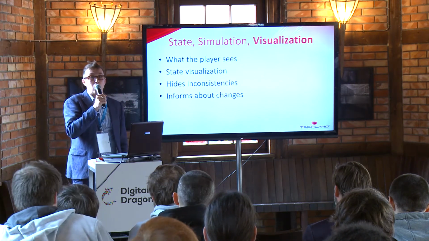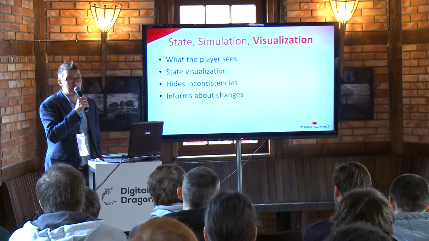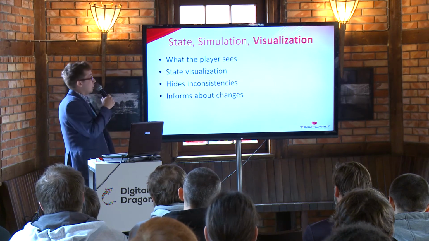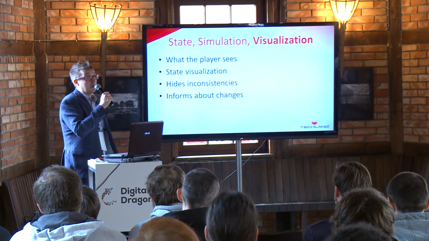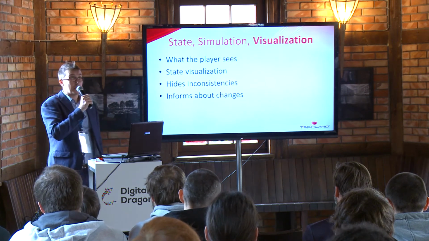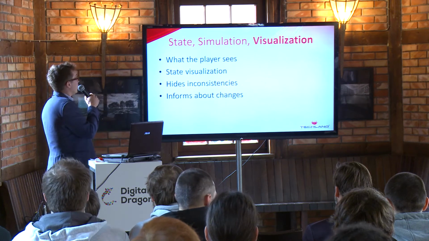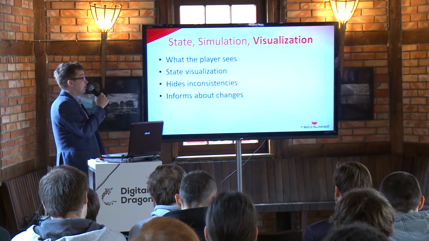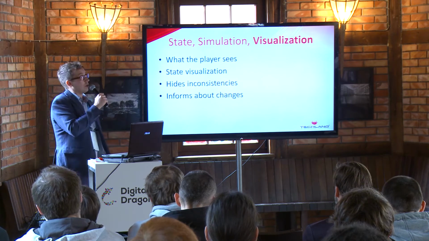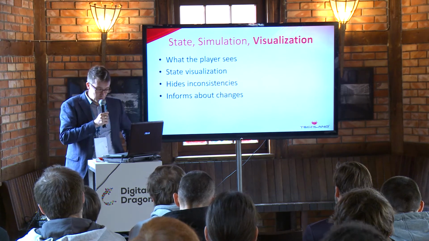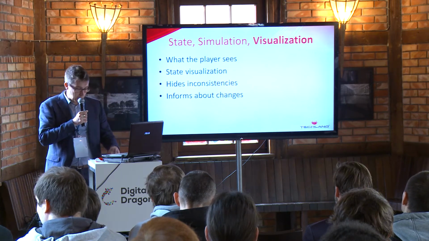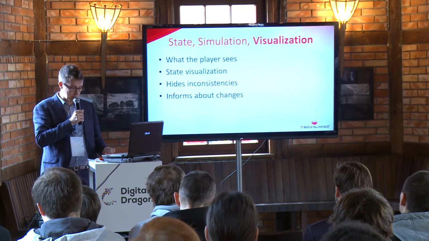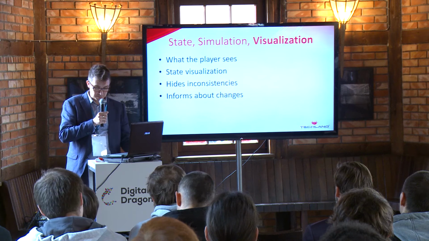We see the model or animation. Because the state can change significantly from one frame to another after replication, we have to write visualization in a special way. We have to be sure that visualization can hide changes of state.